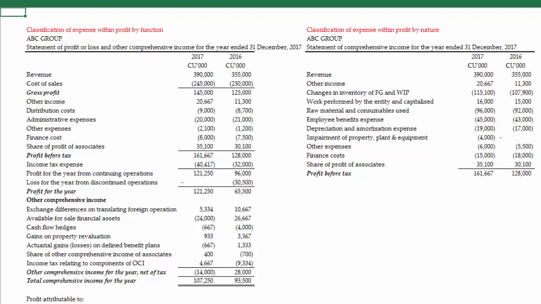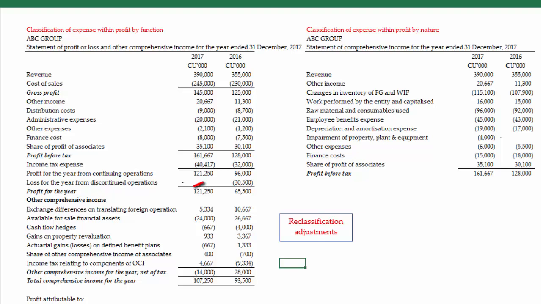So it is better to keep it in other comprehensive income until it becomes realized. When these unrealized gains become realized, they will be reclassified to statement of profit or loss. This is what IAS 1 calls reclassification adjustments. Okay? Reclassification adjustment.